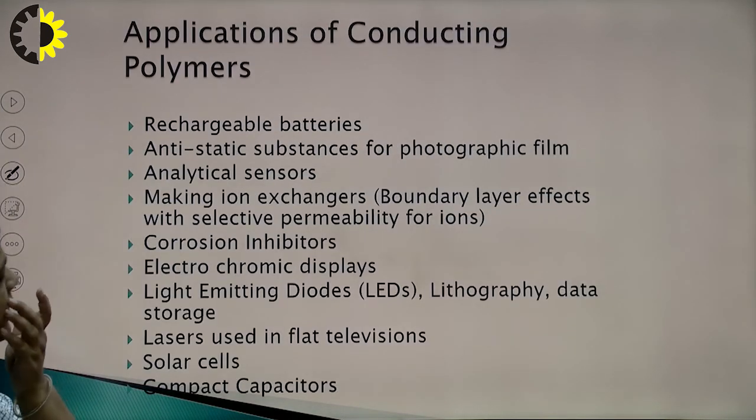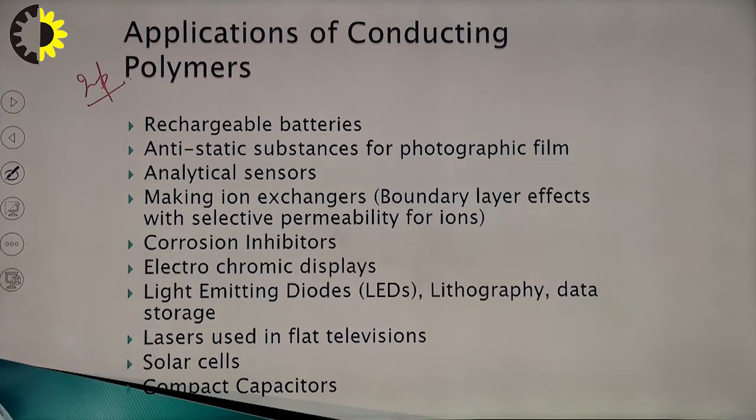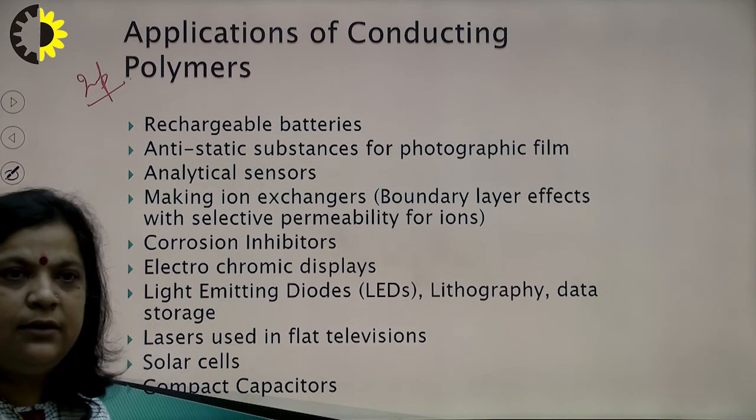Now, next is application of conducting polymer, which is again important. So, first application, it is used in flat button rechargeable batteries, and especially polyaniline is used, and we see that polyaniline has different structures in different conditions.